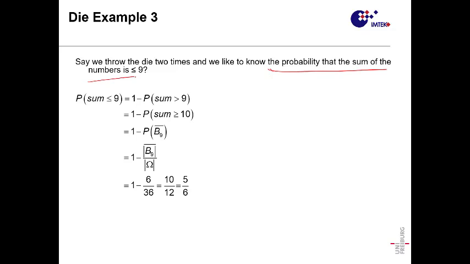Then we start doing first. We know already that our total possibility is 36 because it's 2 times that you throw the dice. So that is solved from before. Now we have to figure out that the sum is less than or equal to 9. One trick is we know that the probability of the complement is equal to 1 minus the probability of the subset A, right?